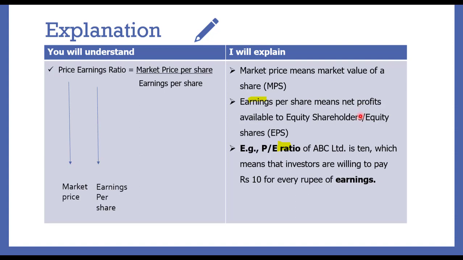If these two financials are arrived at, then it is very easy to arrive at the P/E ratio. So the P/E ratio of ABC Limited or XYZ Limited, say for example, is 10, which means investors, that is people who are interested to invest in this company, are willing to pay rupees 10 for every rupee of earnings.